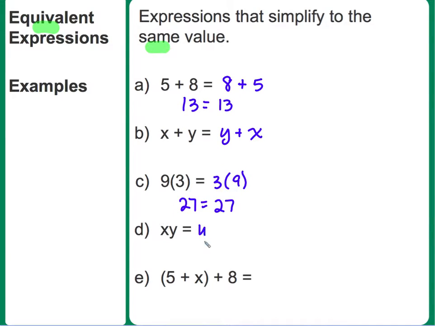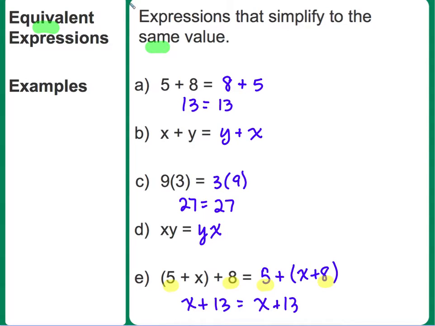And then if we look at 5 plus x plus 8, well, that's actually equivalent to x plus 13 plus 0, because when we simplify this, we can combine those constants, and both of these expressions simplify to x plus 13. So again, when we say equivalent expressions, we're talking about expressions that simplify to the same value.